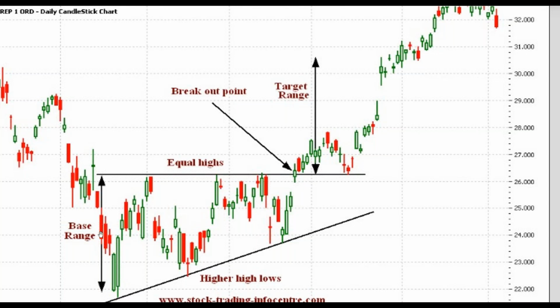So you measure the distance in the base of the triangle, you shift it to the top of the triangle where the breakout occurred, and over here the same length could help you set your target level. Is that clear?